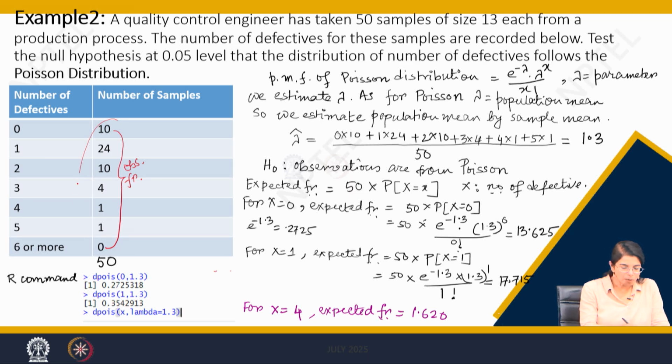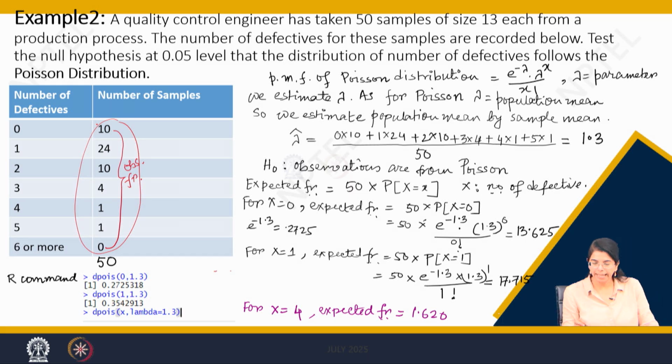So these are your observed frequency, and one additional piece of information is given here. And what is that additional information? Not to be missed, that the distribution of number of defectives follows a Poisson distribution. So that is your hypothesized distribution. Your null hypothesis will be that observations are coming from a Poisson distribution.